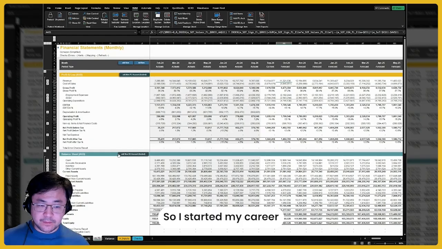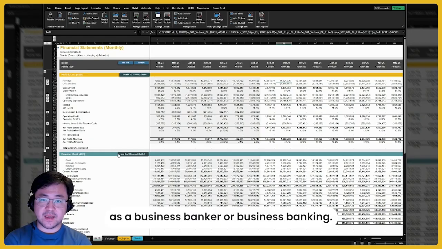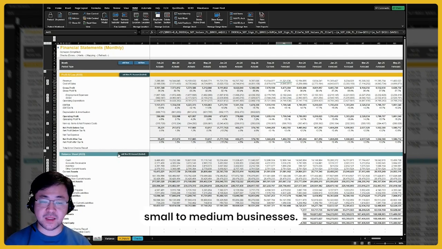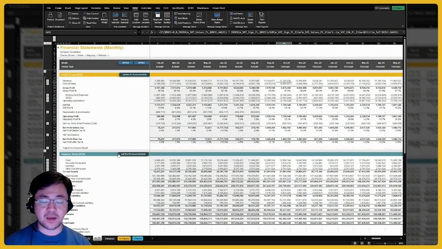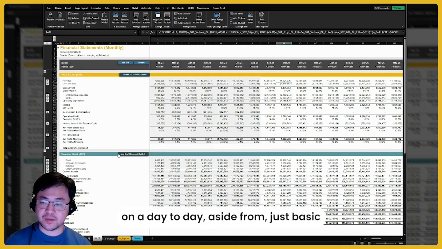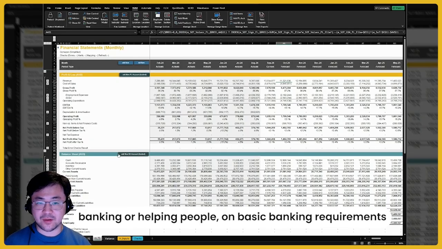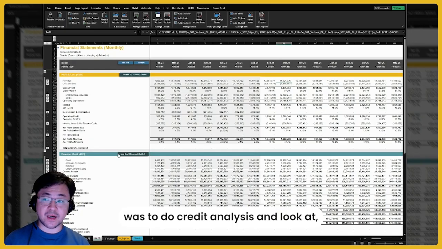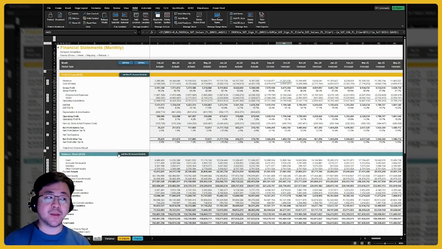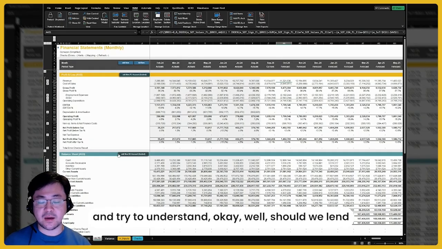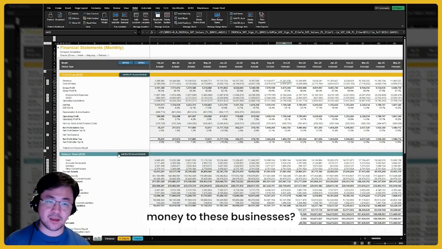So I started my career as a business banker, so commercial lending, lending to small to medium businesses. A key part of what I did day-to-day, aside from helping people with basic banking requirements, was to do credit analysis, look at businesses and analyze financial statements, and try to understand, okay, should we lend money to these businesses?